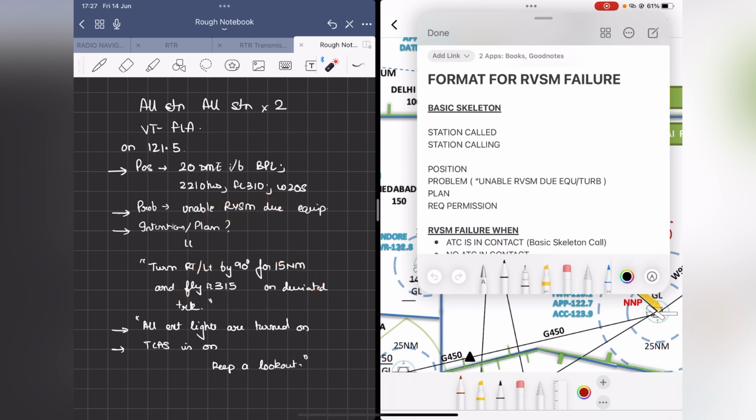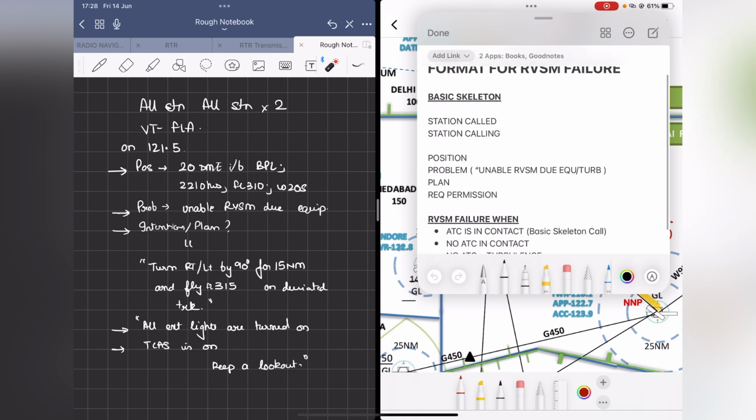The plan is to turn right, get out of the ATS airspace, and climb or descend by 500 feet so that you maintain vertical separation and also you're out of the ATS route. You're turning on all the lights to be more visible and your TCAS is also on. So you're telling other aircraft also to keep a lookout on their TCAS screens. Again, very simple, you can impose this onto the basic skeleton.